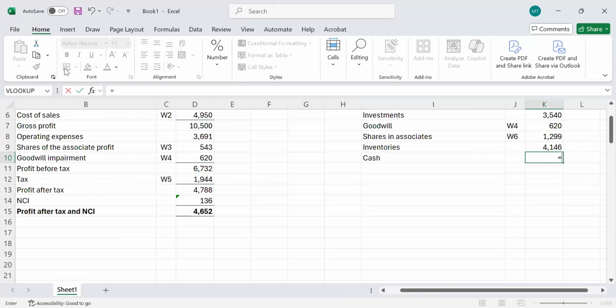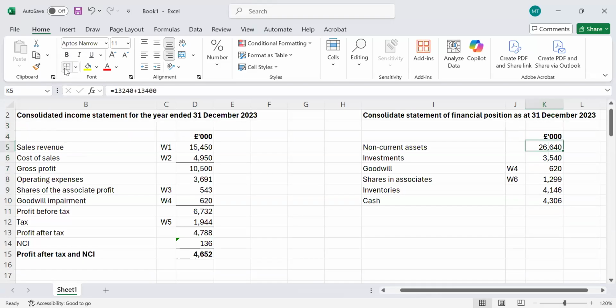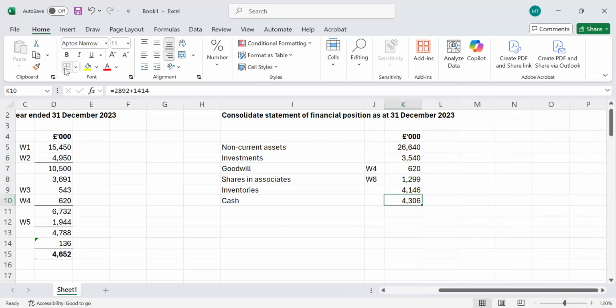Cash is simply adding two figures together. Parent has got cash worth 2892 plus subsidiary cash is 1414. So 4306, we have completed the asset section.